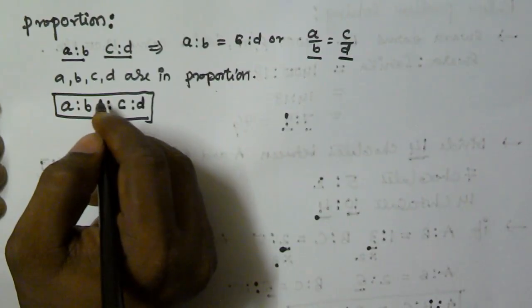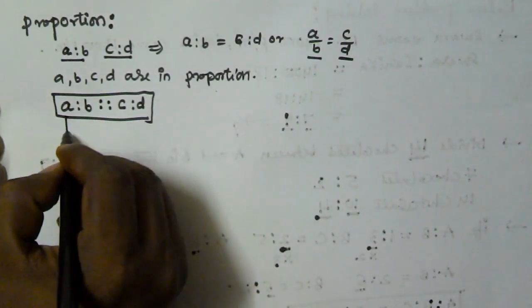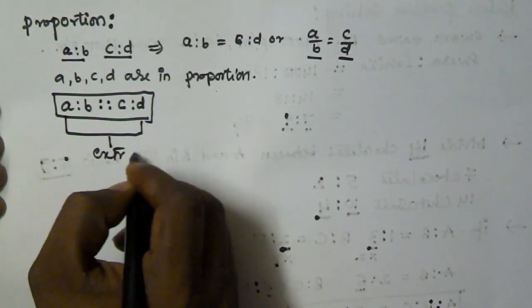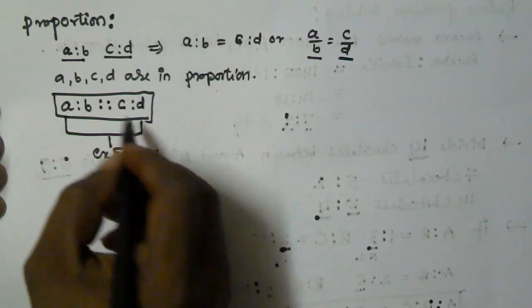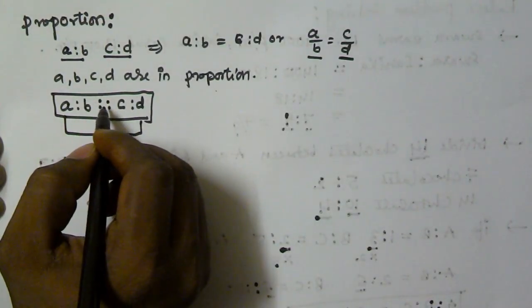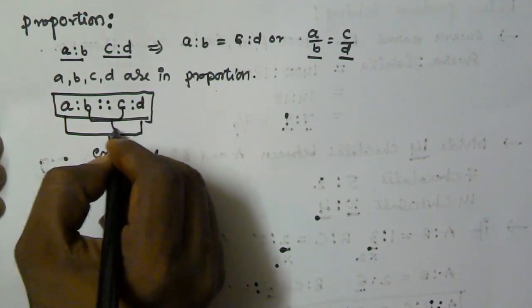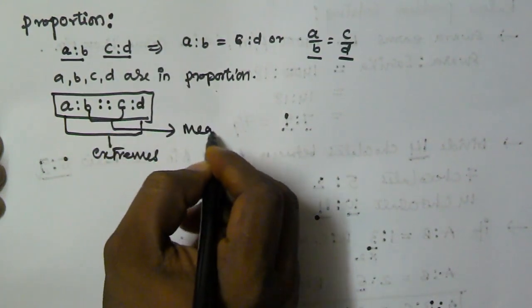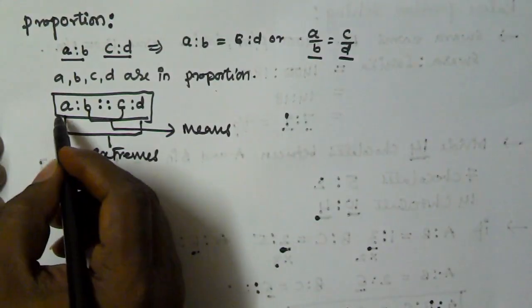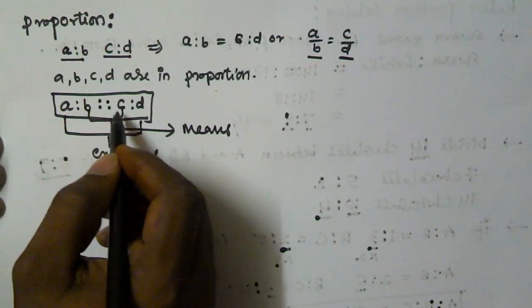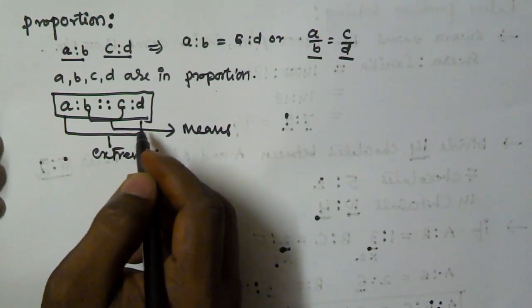Here A and D are called as extremes, and B and C are called as means.